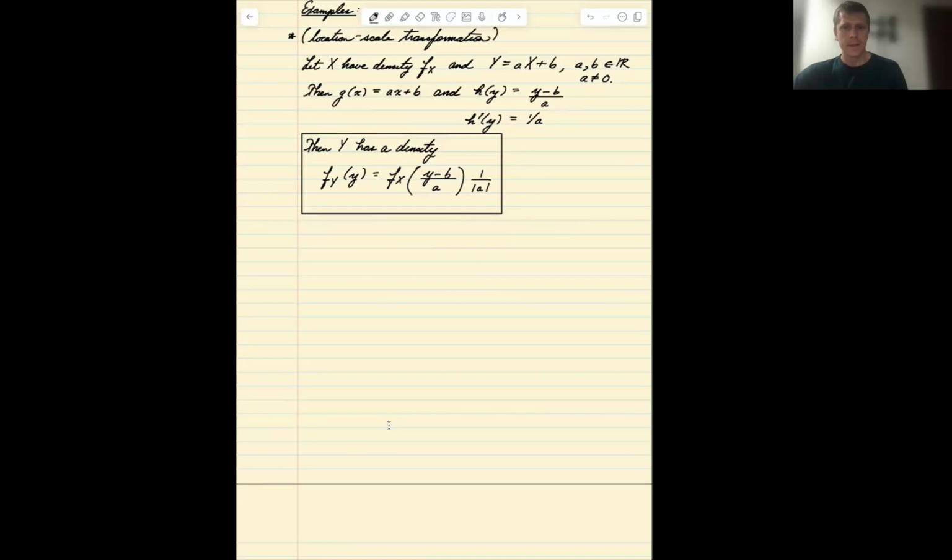Okay. So as a special case, suppose we have a gamma random variable, gamma r,1, and we define Y as X divided by lambda. Well, we had this as an exercise before. So what is f of x?